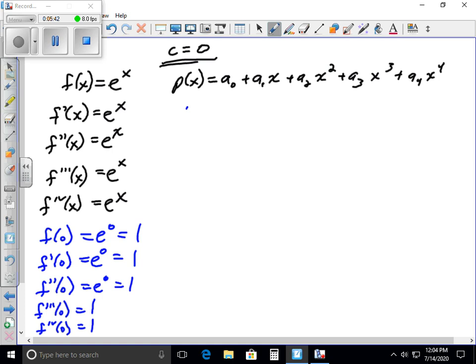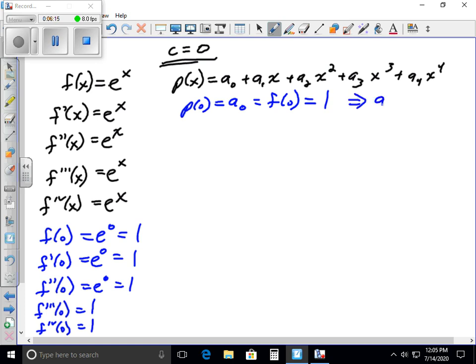Notice if we plug a 0 into our polynomial, every term that has an x in it becomes 0. So when we substitute a 0 into our polynomial, we get a sub 0, which has to equal what our function equals at 0, which is 1.